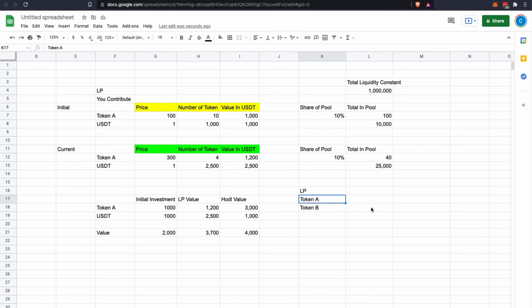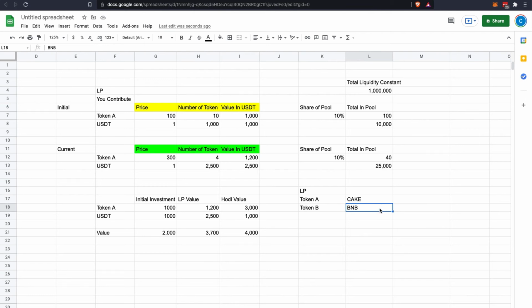Let's say token A is CAPI and token B is BNB. Before you decide to contribute them into these LP pools, you need to think thoroughly. If you value BNB highly, because BNB has a higher cap, is more popular, and has much more liquidity compared to CAPI, and you do not want to lose your BNB in terms of the number of tokens, then you should not be contributing BNB to the LP pool.